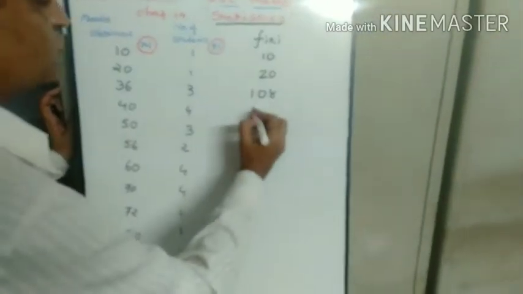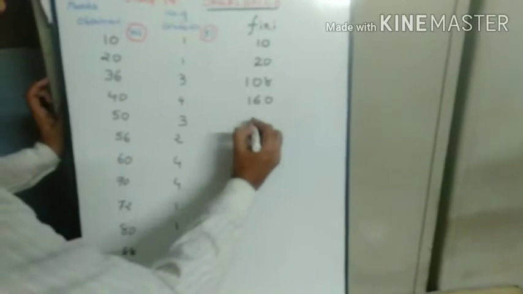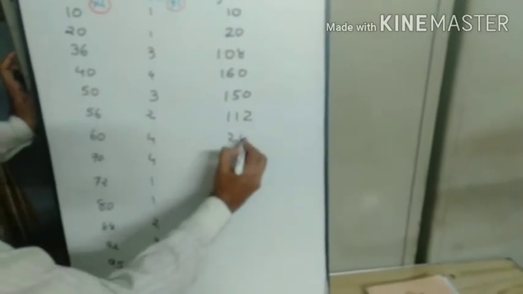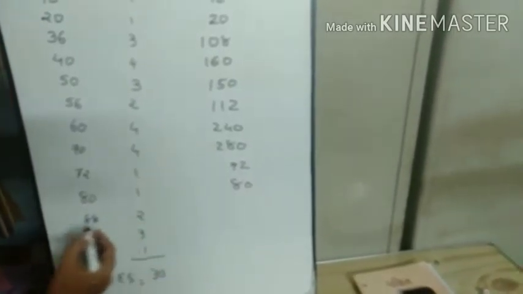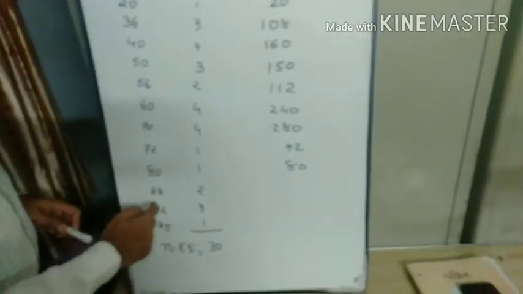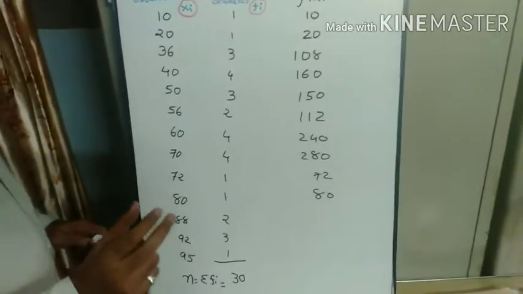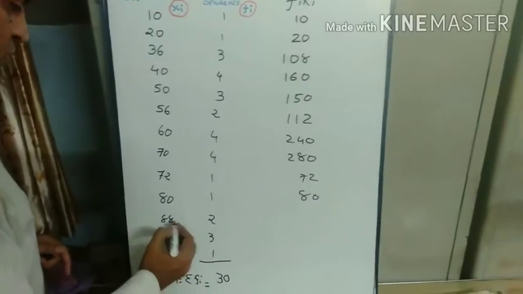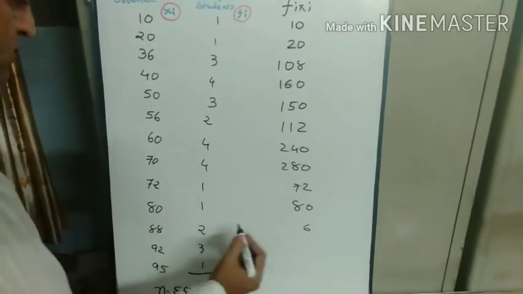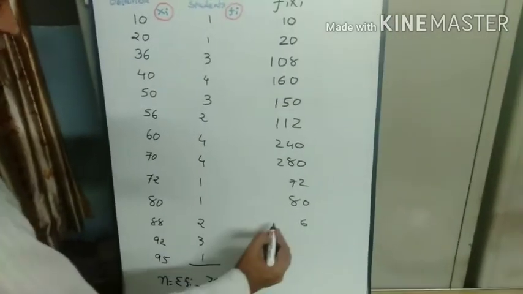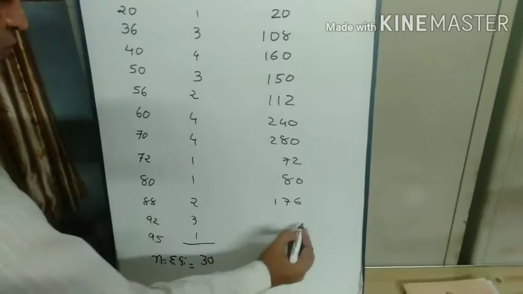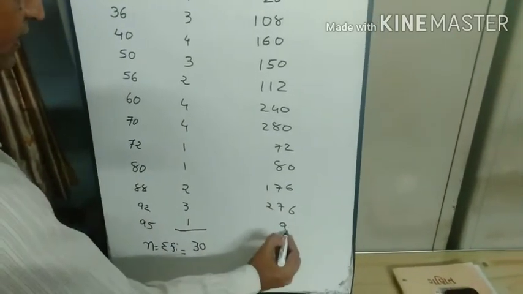Just like 4 4s are 160, 5 3s are 112, 6 4s are 240, 280, and 92 times 3 is 276. If you cannot multiply it orally, then you can do the product in rough work. 8 2s are 16, remainder 7. 9 3s are 27 and 95.